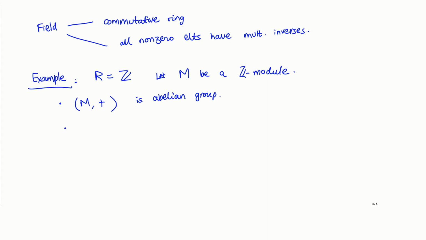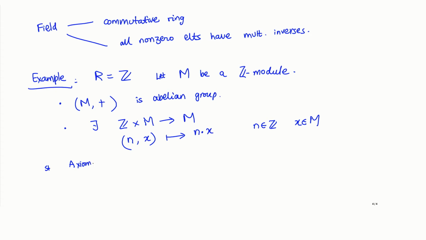And the second part of the definition said that there should exist a map from Z cross M to M. This is the scalar multiplication map, if you will, which takes a pair n comma x to what we call n dot x, the scalar multiplication of x by the integer n, satisfying axioms 1 through 4.